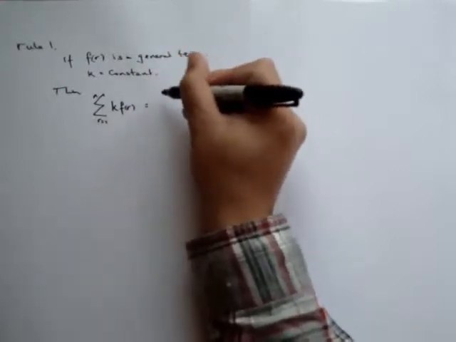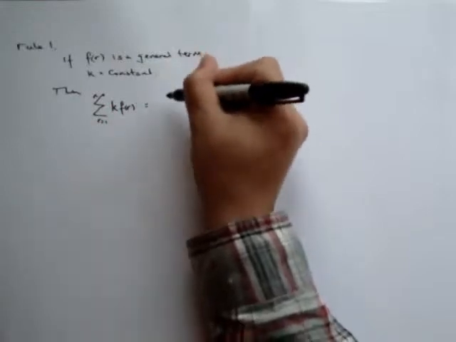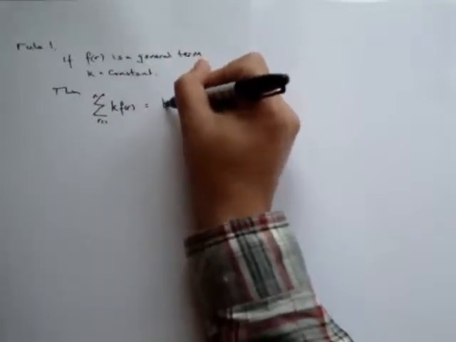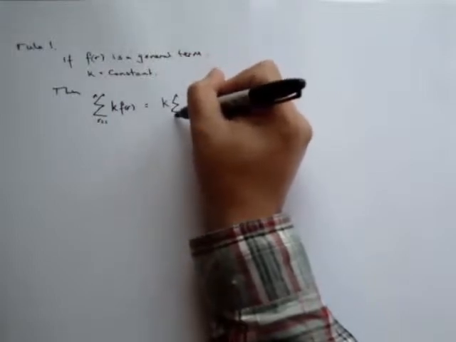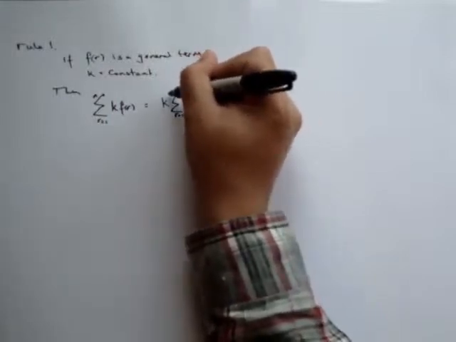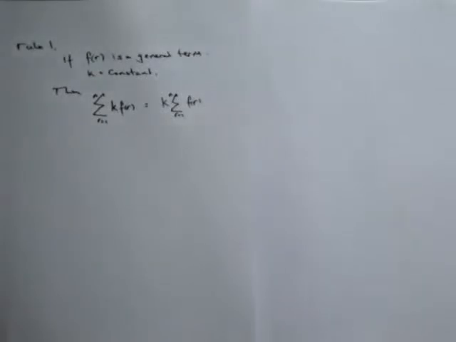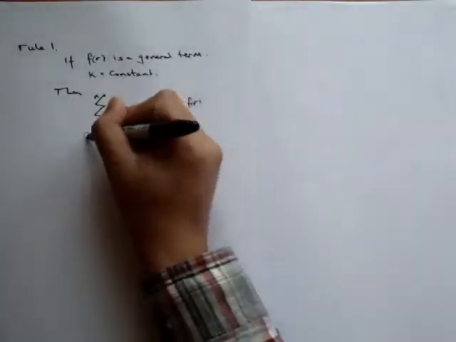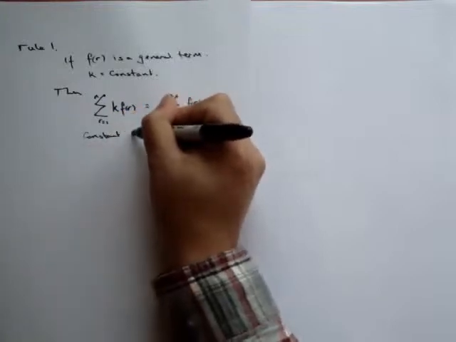Then we can take the k and factor it out of sigma, so this becomes k sigma r equals 1 to n f of r. So a constant can be factored out.